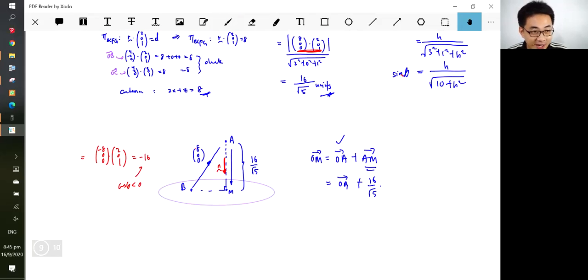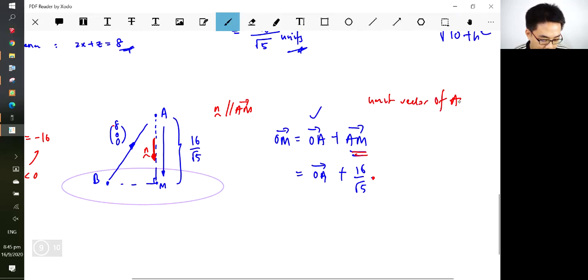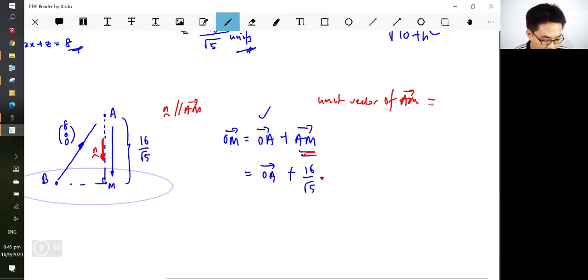Because we really don't have much time. So once you do that, you take the length of 16 over root 5, times the unit vector. We know that n is parallel to AM, and it's pointing downwards. So the unit vector of AM equals the unit vector of n because they are parallel.